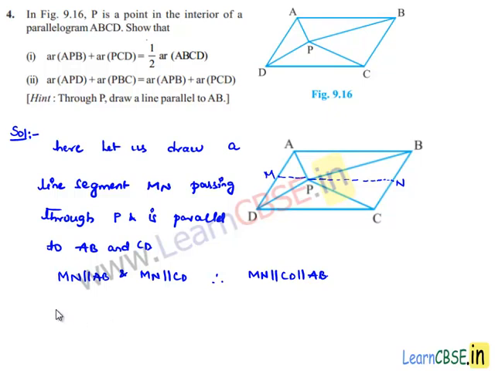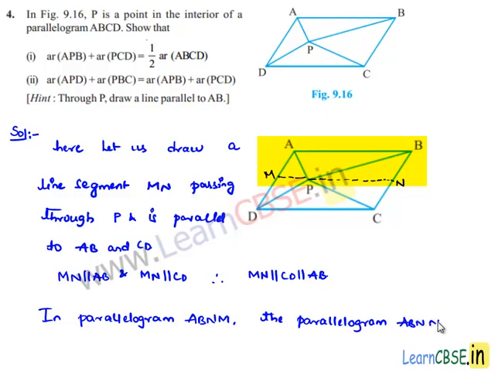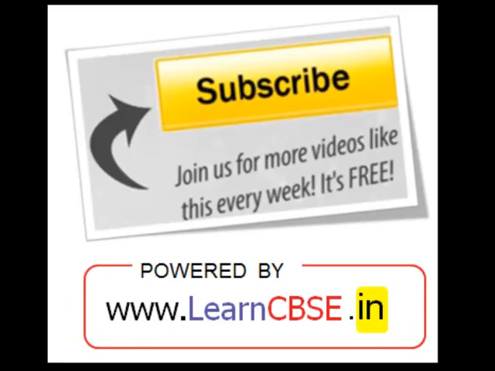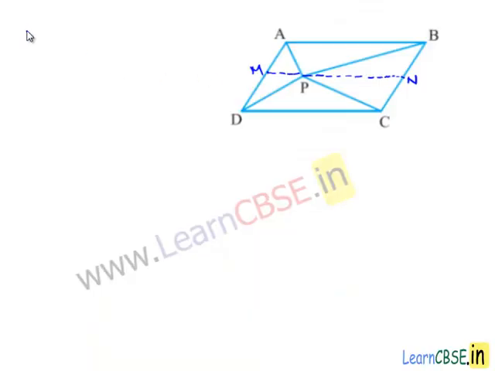Now let us consider the parallelogram ABNM and triangle APB. They lie on the common base AB, and they also lie between two common parallels, that is MN and AB.